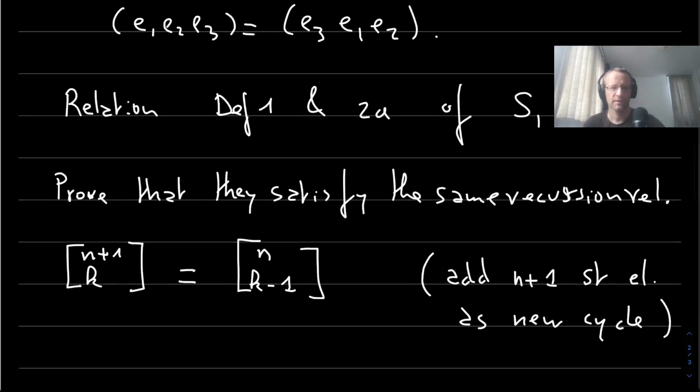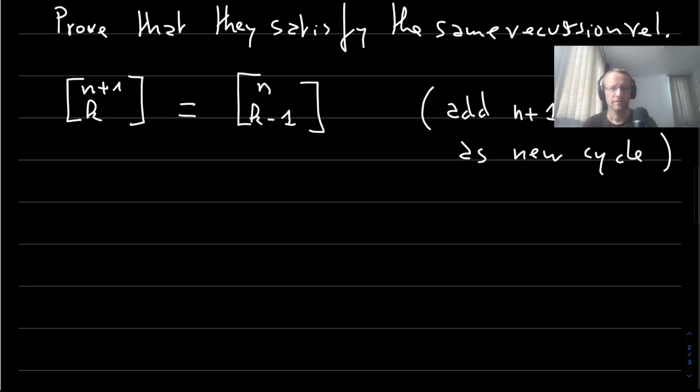The other possibility, if we don't want to add a new cycle, is to pick a spot.